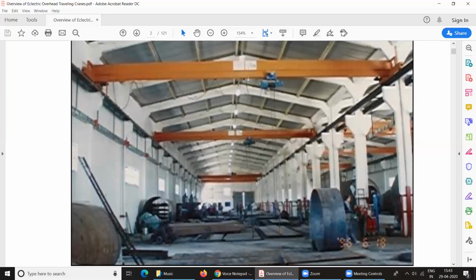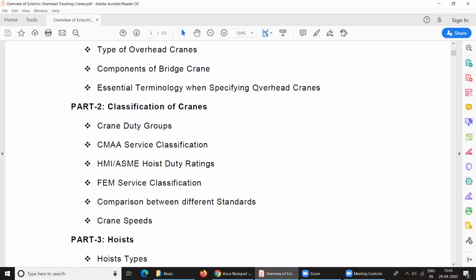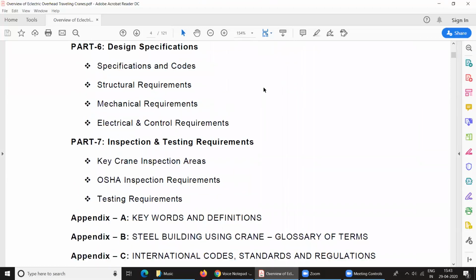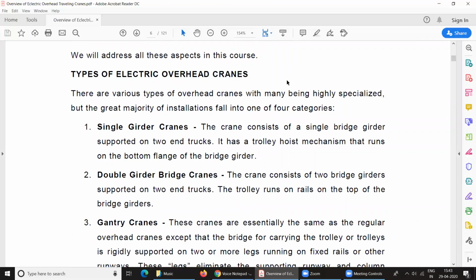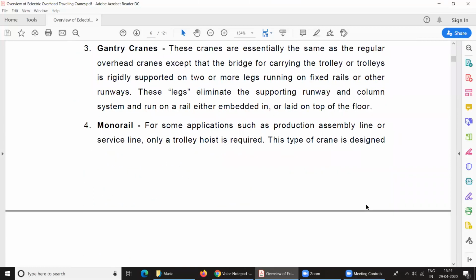So in this part, we will discuss the overhead cranes or the bridge cranes, as I have already shown you the pictures of the overhead crane. So these are the types of electric overhead crane: single girder crane, double girder bridge crane, gantry crane, monorail.